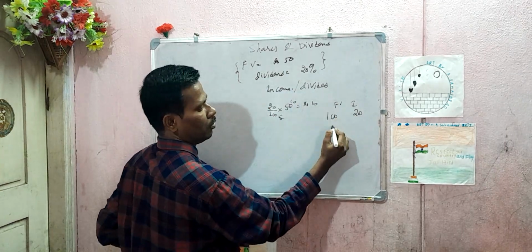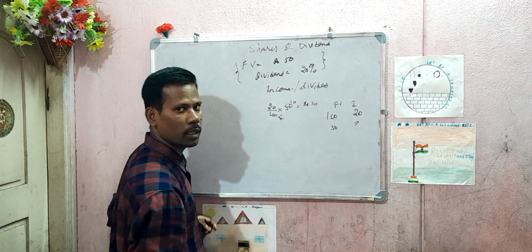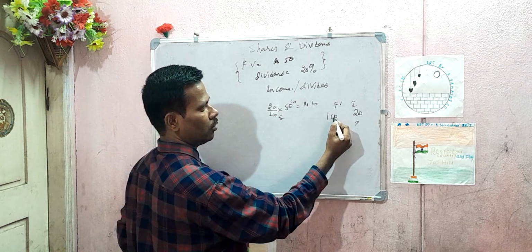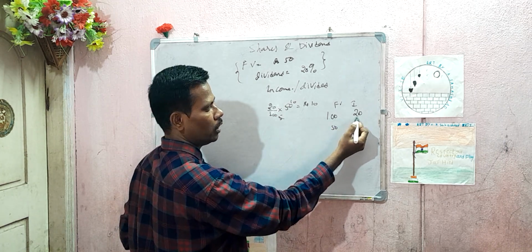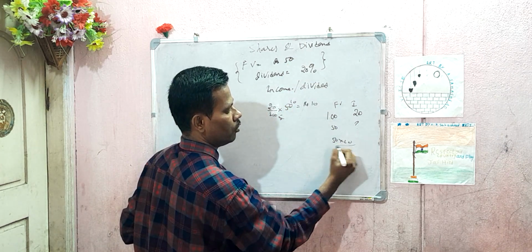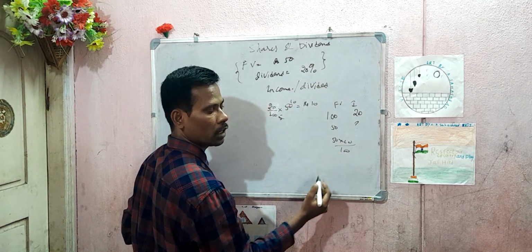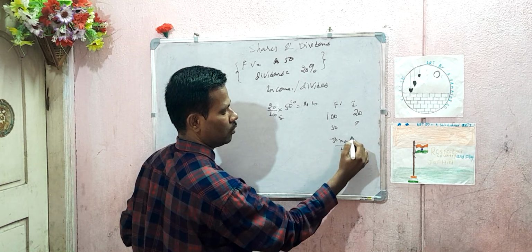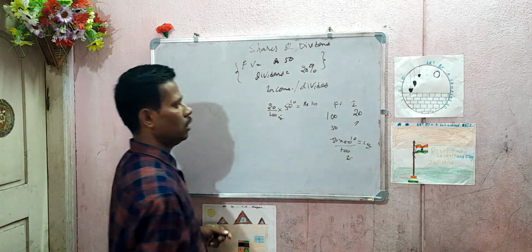Now if the face value is 50, what income will I get? Simple. Face value is 100, the income is 20. If the face value is 50 now, it is nothing but 20 by 100 into 50, the same thing, two times that. Like that.